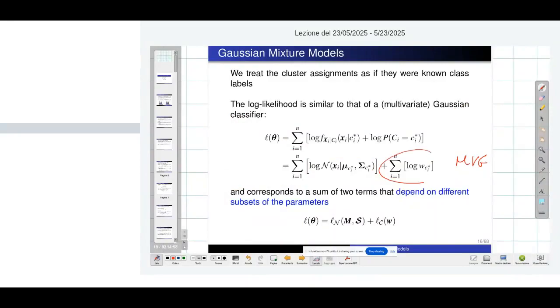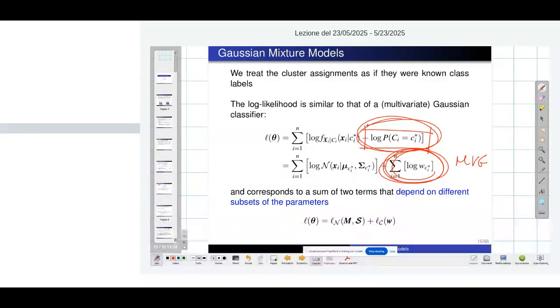In the MVG likelihood, we didn't have this term because the prior probabilities were not a model parameter. In the MVG classifier, the class prior probability is not a specification given by the model, but something that we plug in from outside. Here, the cluster prior probabilities instead are part of the model themselves, because it's the model that will partition the data into clusters.